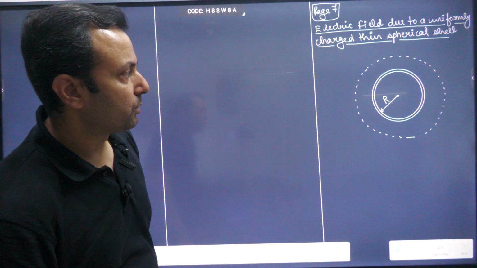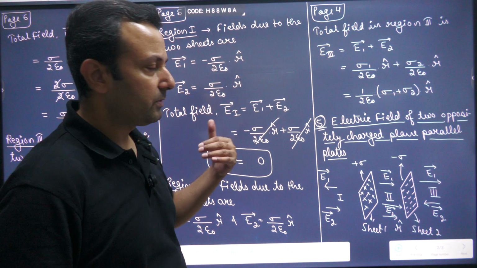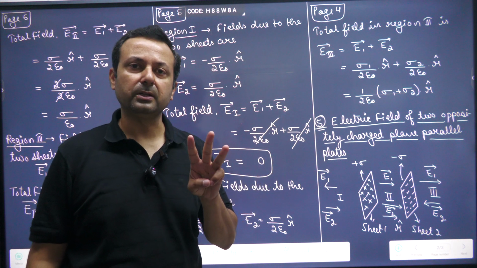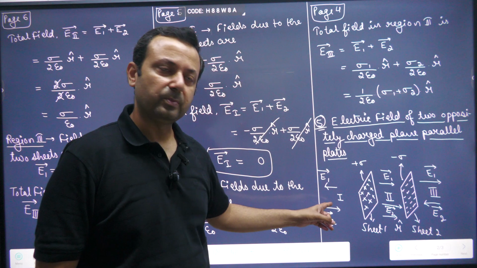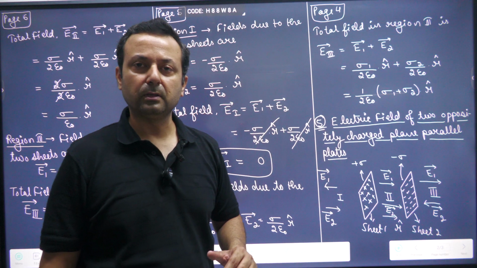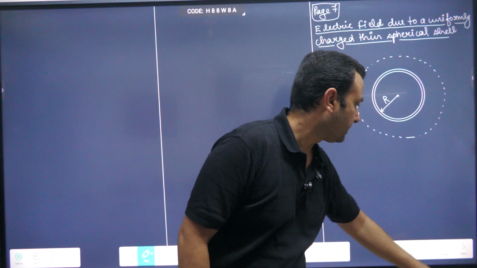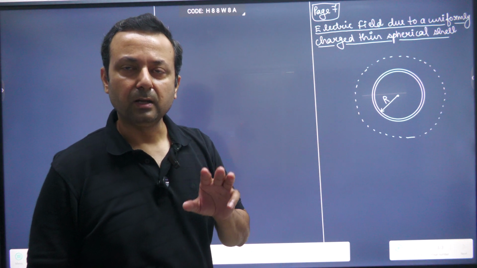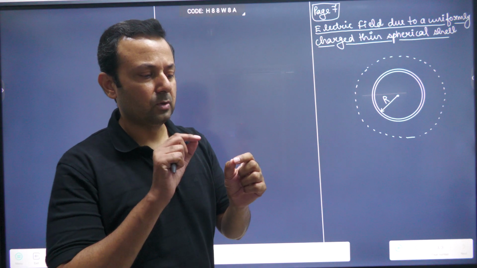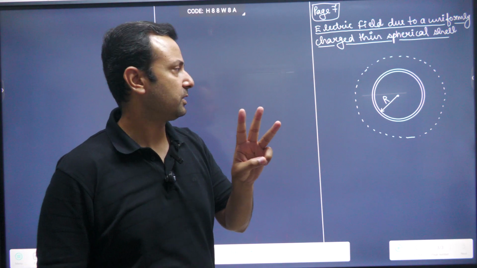Like in the earlier example, where we divided the entire region into three regions: left of the plate, between the two plates, and right of the plate, similarly in the case of a thin spherical shell we divide the location of the point into three parts.